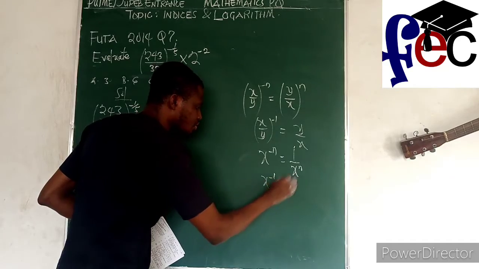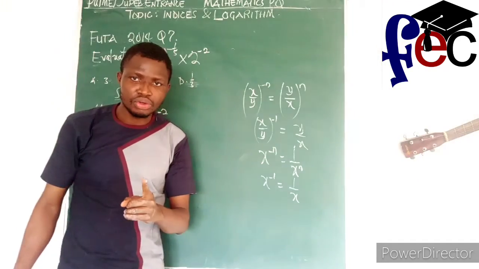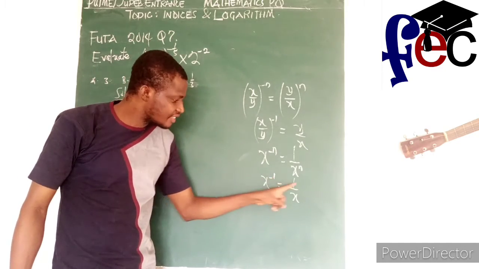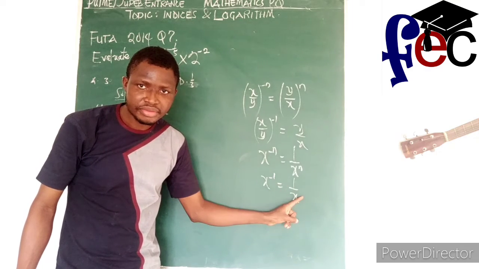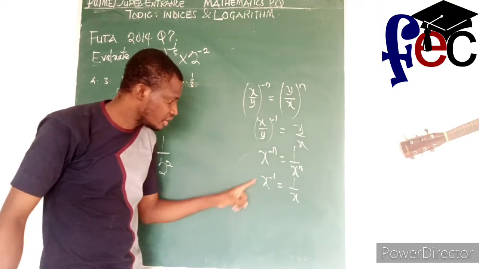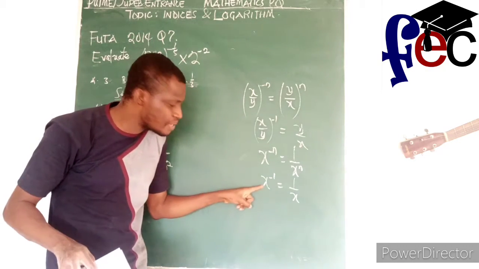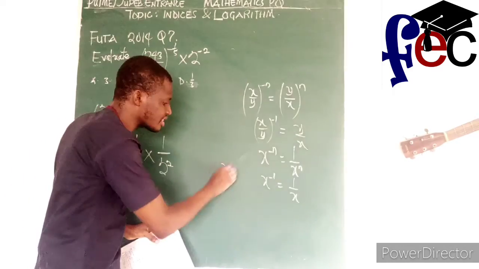X raised to power minus 1, you now have 1 over x. These are not the same thing. I want you to take note. This negative sign indicates the reciprocal of the base. The base here is x.